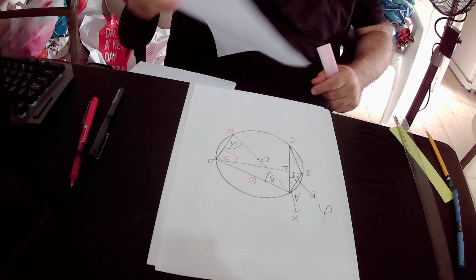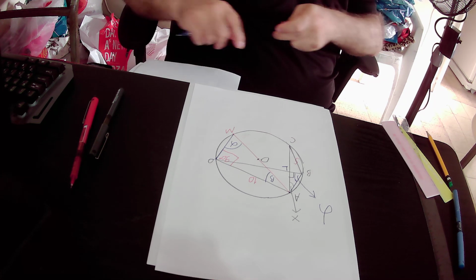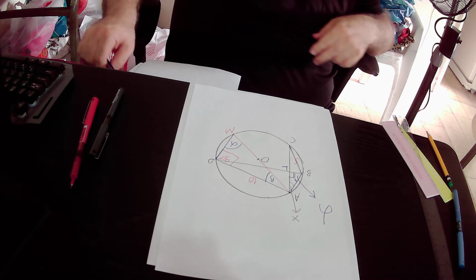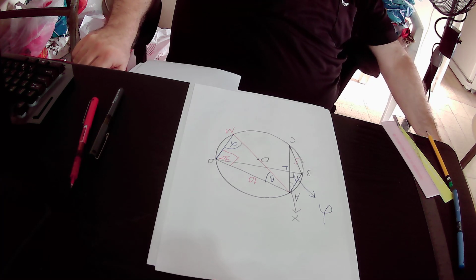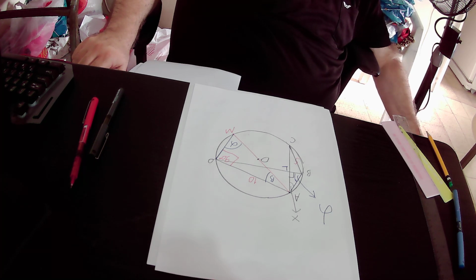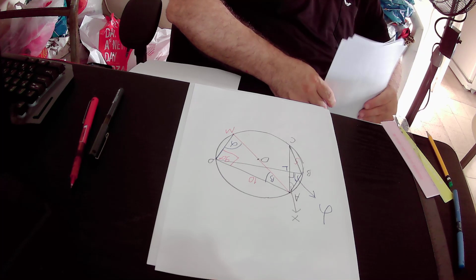And as I've already mentioned, the sum of the angles in any triangle equals 180 degrees, and it is especially true for the right triangle ABL.